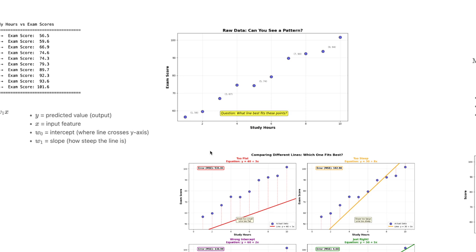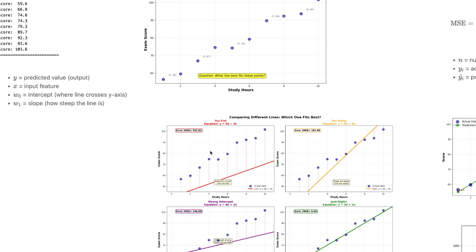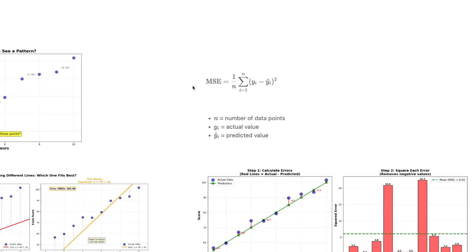When minimizing the error, there are different ways that we calculate the error. In linear regression, we use mean squared error. In the mean squared error, we get the difference between the actual value and the predicted value, square it, and take the mean over the number of data points that we have, giving us the error.